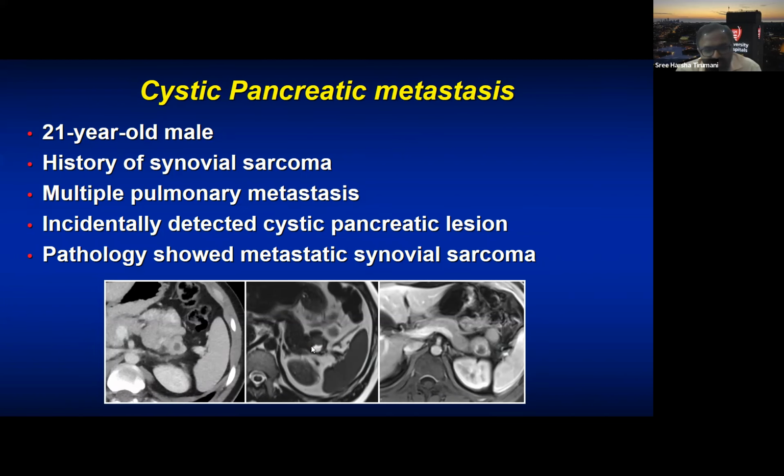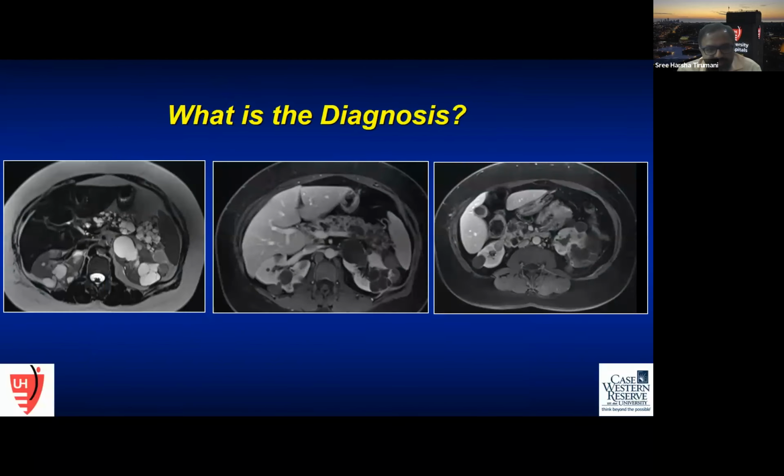Then you can see it started showing some solid component anteriorly, and post-contrast images started showing some nodularity. This actually happened over a period of 6 months. So from the first scan to the last scan, the impression was totally different. Now we think this is definitely a metastatic lesion. So chronology is important. Looking at previous scans and understanding the history of the patient will help you in many cases when it comes to diagnosing a cystic pancreatic lesion.